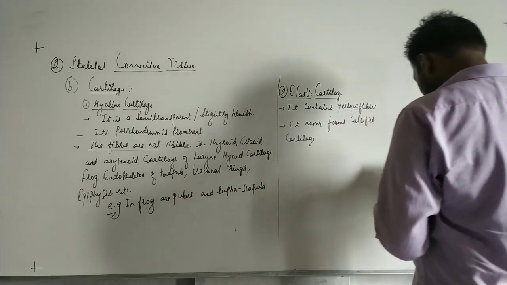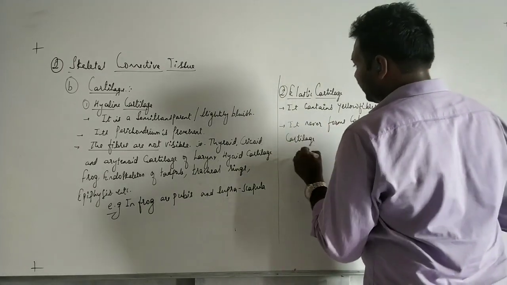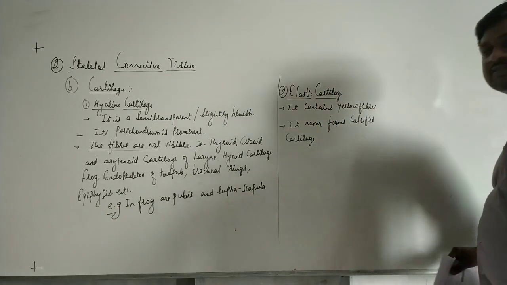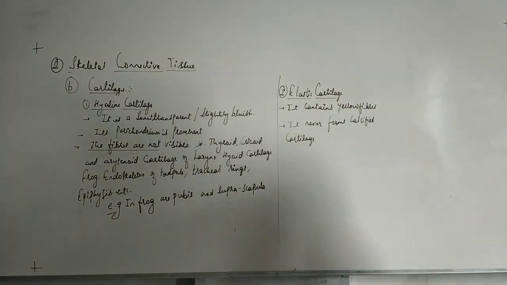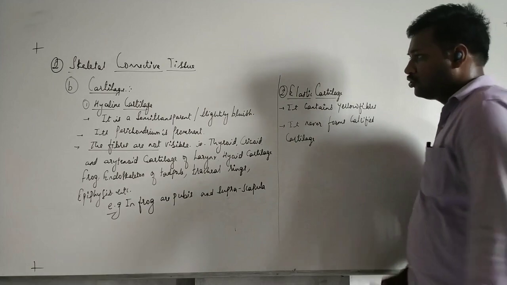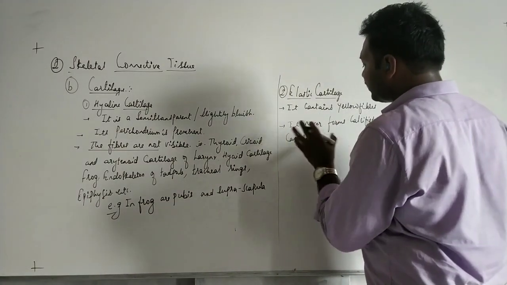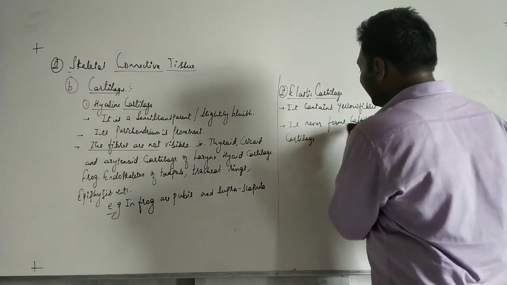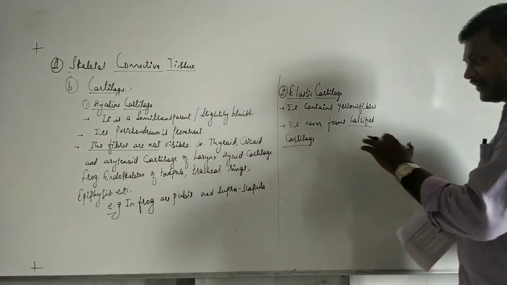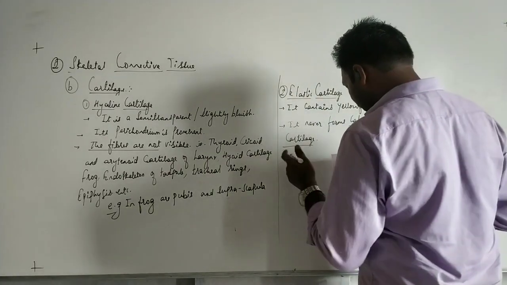It is the fibrous cartilage that will turn into the calcified, because it is the toughest type of cartilage. So elastic cartilage doesn't change into calcified cartilage. Okay, this was a correction. You can put this correction over there also.